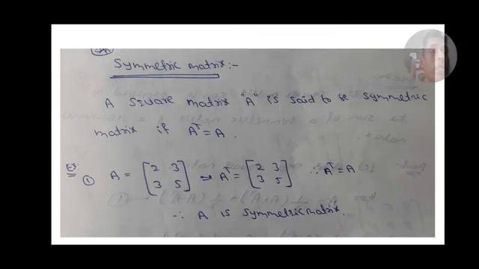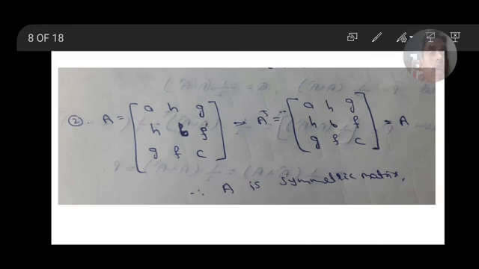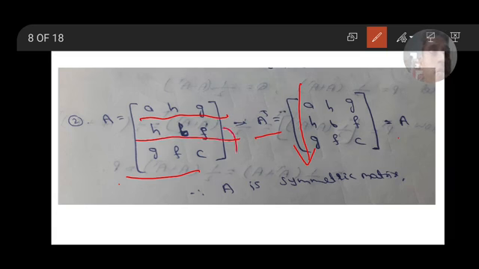Next example. If capital A equals [A, H, G; H, B, F; G, F, C], a 3 by 3 matrix, its transpose means writing the first row as the first column: A, H, G. Next, the second row H, B, F as the second column, and the third row G, F, C as the third column.